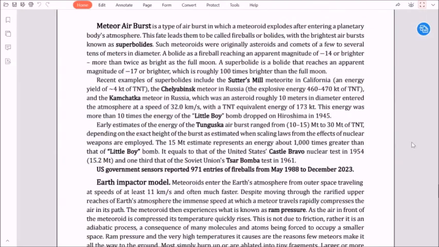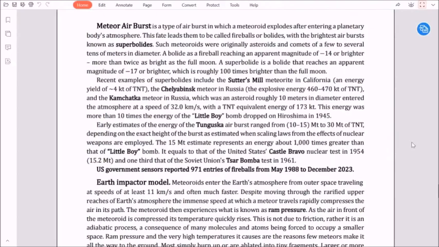Recent examples of superbolides include the Sutter's Mill meteorite in California, with an energy yield of about 4 kilotons of TNT, the Chelyabinsk meteor in Russia, with an explosive energy of 460-470 kilotons of TNT, and the Kamchatka meteor in Russia, which was an asteroid roughly 10 meters in diameter that entered the atmosphere at a speed of 32 kilometers per second, with a TNT equivalent energy of 173 kilotons.